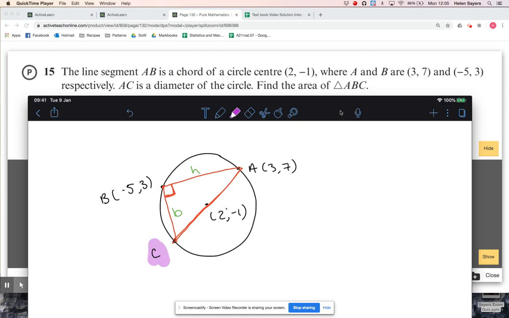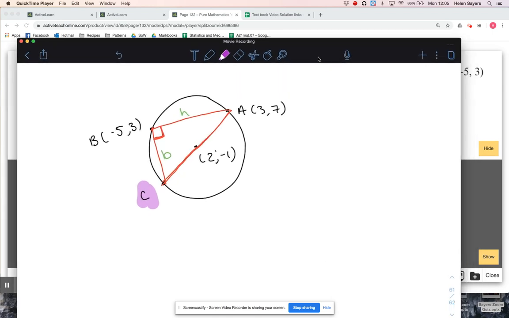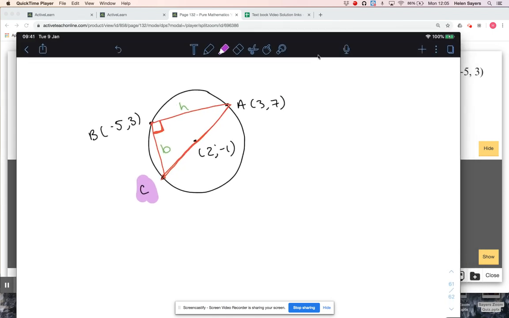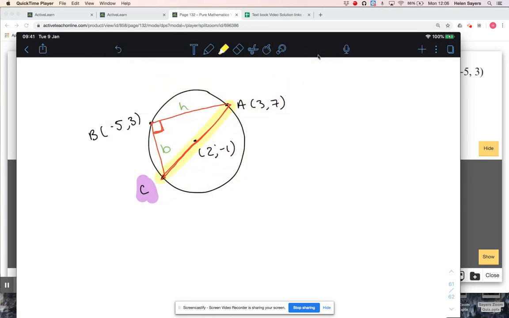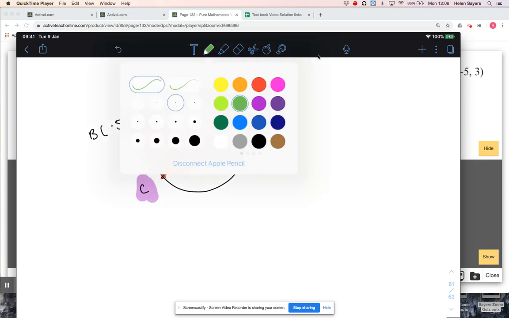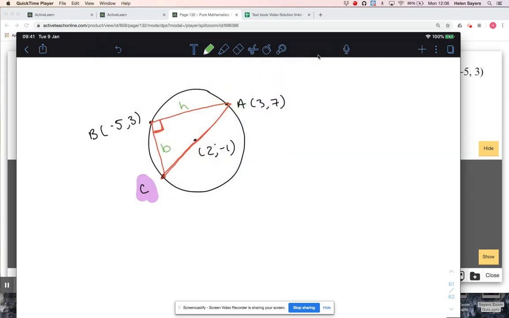So I think this question comes down to, can I find the coordinates of C? Hopefully the answer to that is yes. We shall find out. Okay, so what do I know about C? I think my best bet is going to be to think about this diameter here, because I know that C lies on the straight line that goes through A and the center.